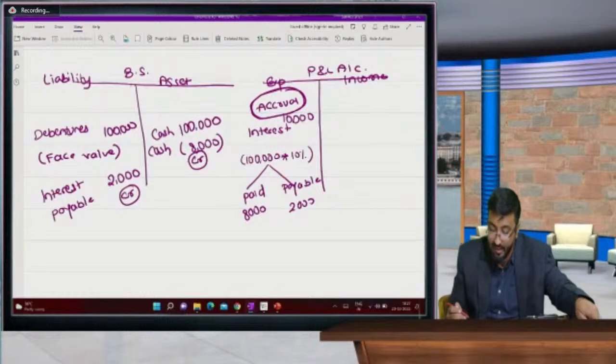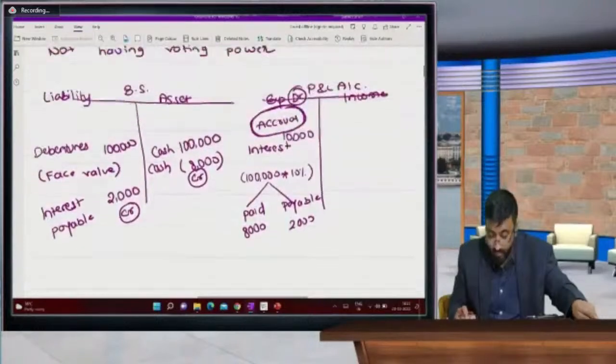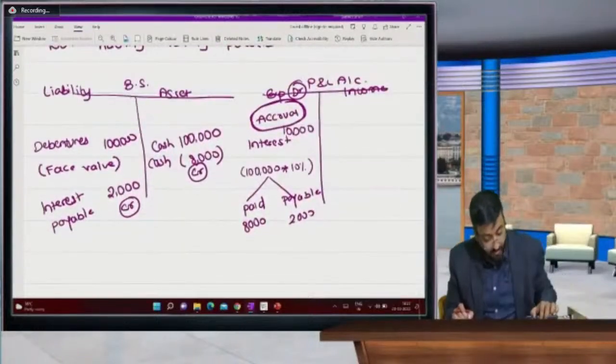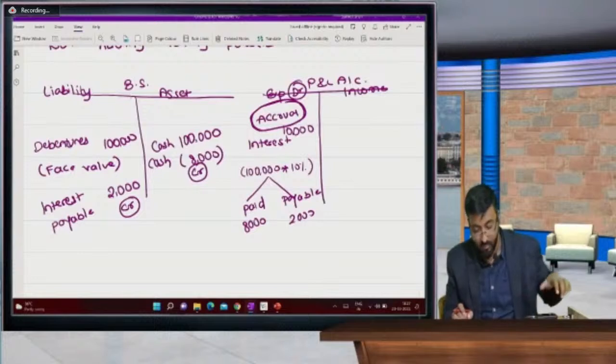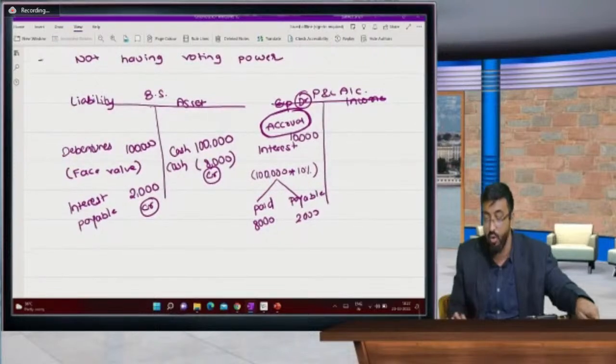So that is the second effect. Expenditure is always debit. So this is how we are paying it. So beta, balance sheet and P and L. Now you are clear with this picture.